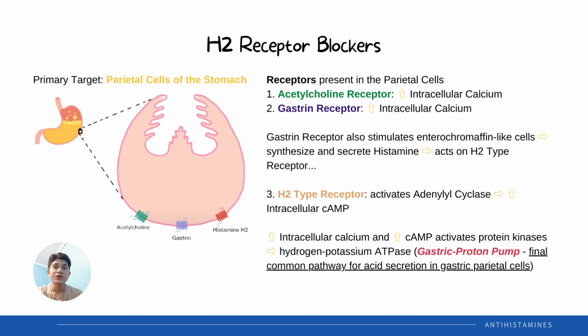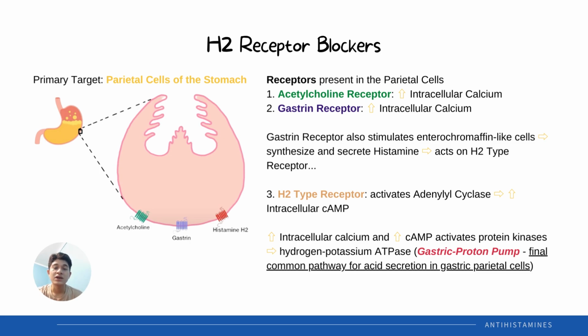Additionally, gastrin stimulates nearby enterochromaffin-like cells to synthesize and secrete histamine. Finally, the histamine secreted from enterochromaffin-like cells acts on the H2 receptor to activate adenylyl cyclase, leading to an increase of intracellular cyclic AMP levels.